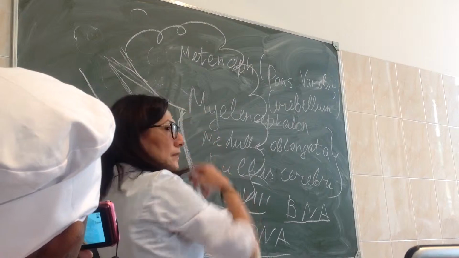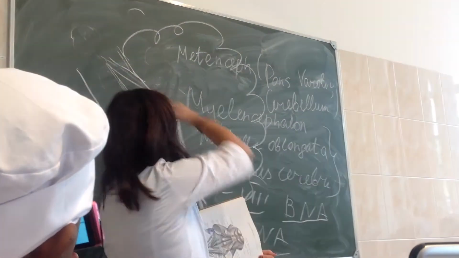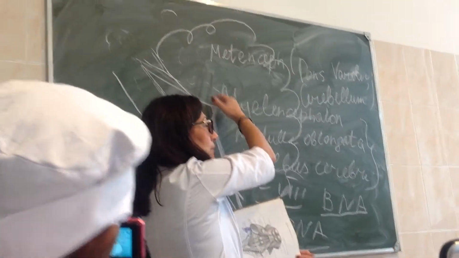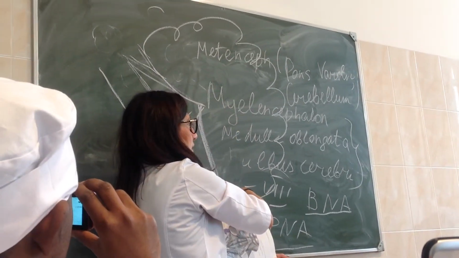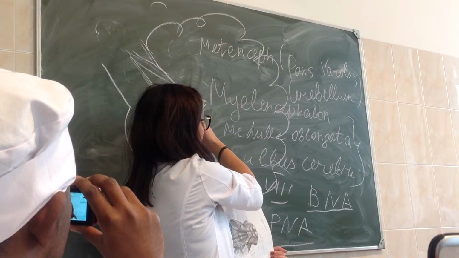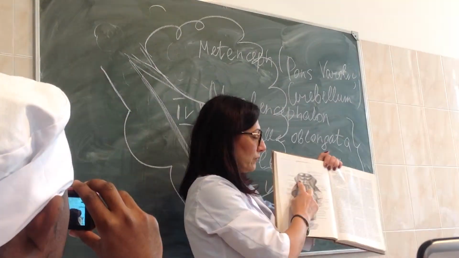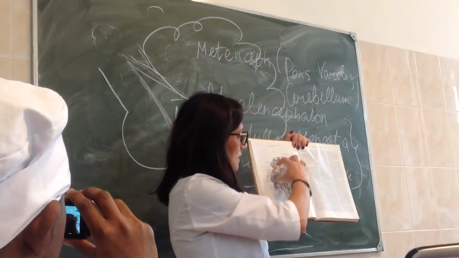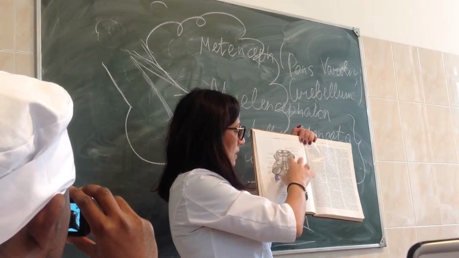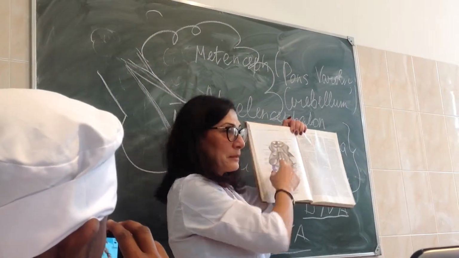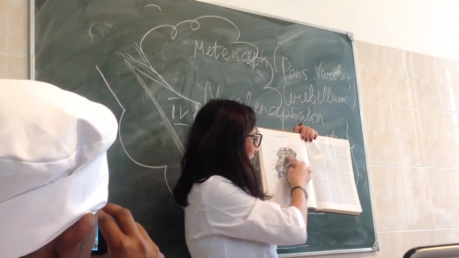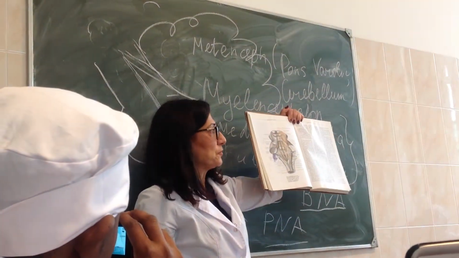This velum medullare superior is the upper, rostral part of the roof, and this is velum medullare inferior of the roof of the fourth ventricle. This dorsal part of the pons is formed by the upper triangle of the rhomboid fossa. This dorsal part is represented by the upper triangle of the rhomboid fossa.